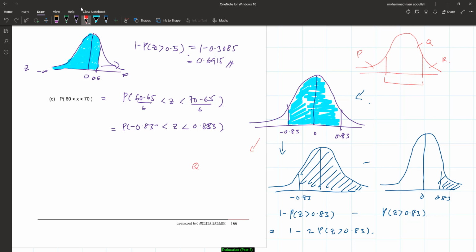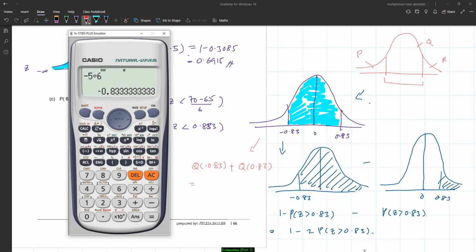Means Q negative 0.83, plus Q 0.83. So what will you get? First press mode, statistics, shift 1, distribution, Q, negative 0.83.